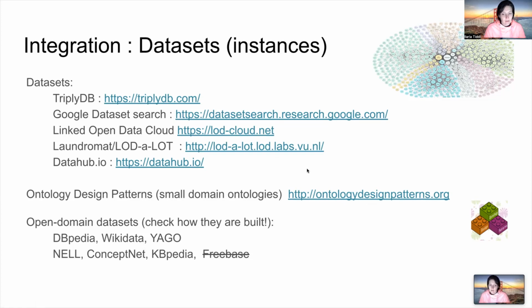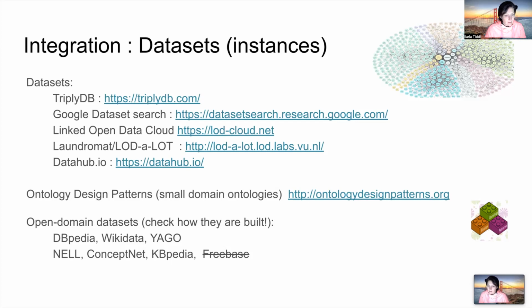One typical example is the event ontology. An event is always structured with an actor, a location, a particular time and a particular action. And this can be referred to as a design pattern.